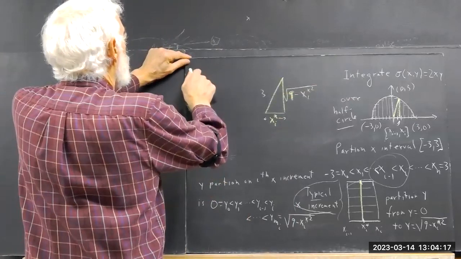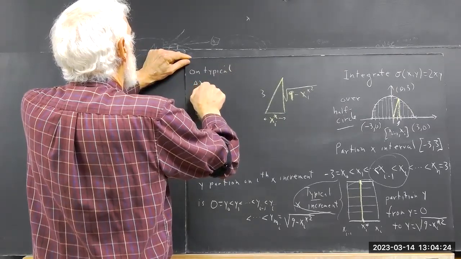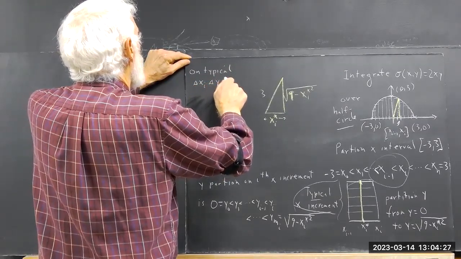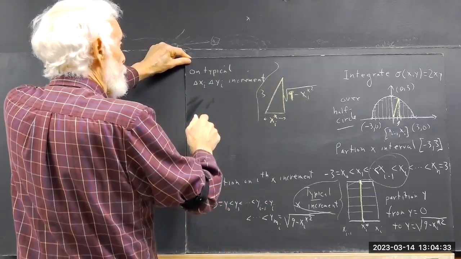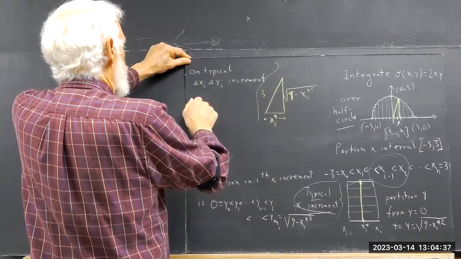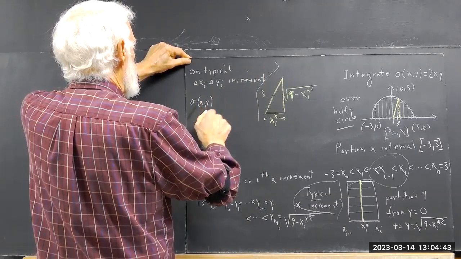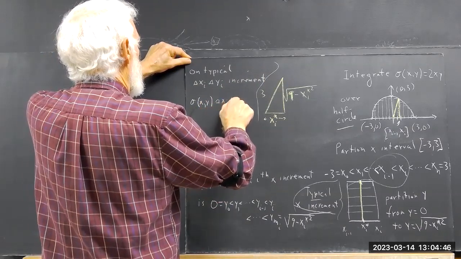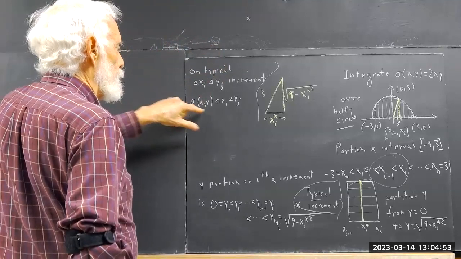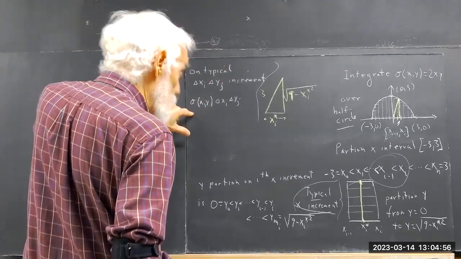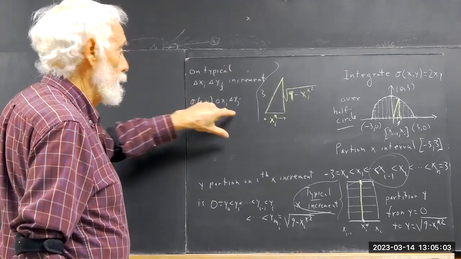So, typical increment: the product of delta sigma of xy, delta xi, delta yj. Well, that's going to be the thing you're integrating times the area.